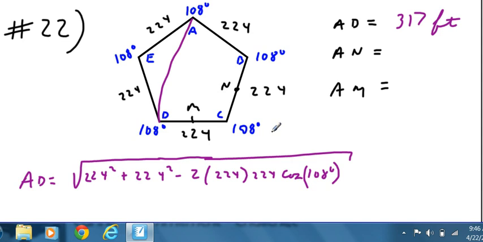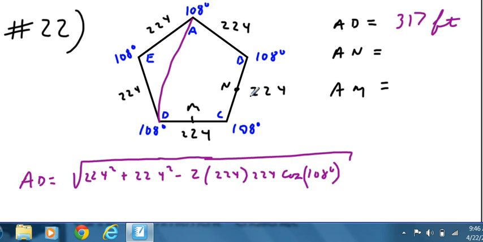Okay, now I want what, who, where? I got 362. You got 362. I got the cosine, I got the angle right. 224. Oh, no, I don't think so.